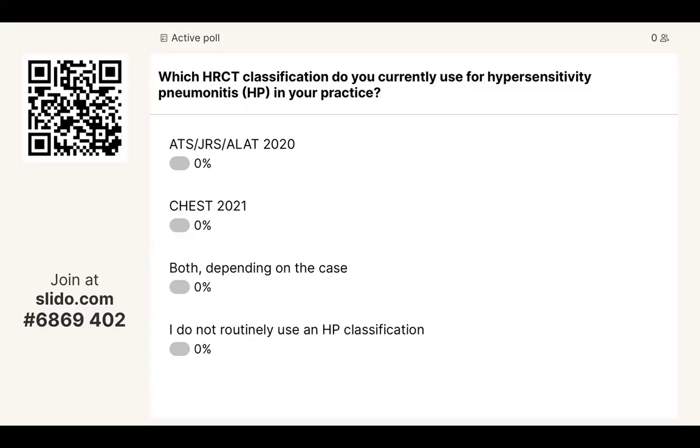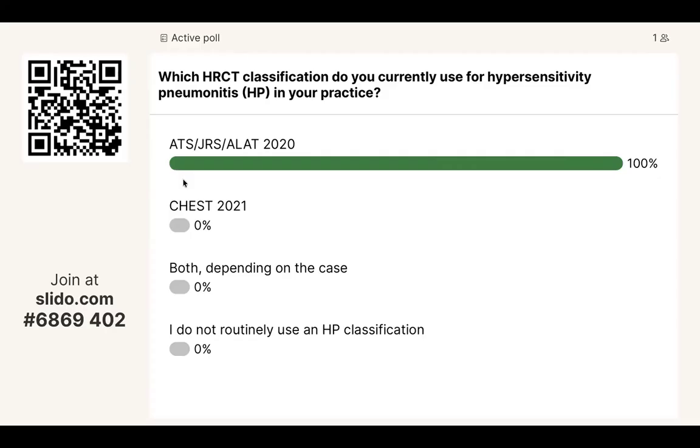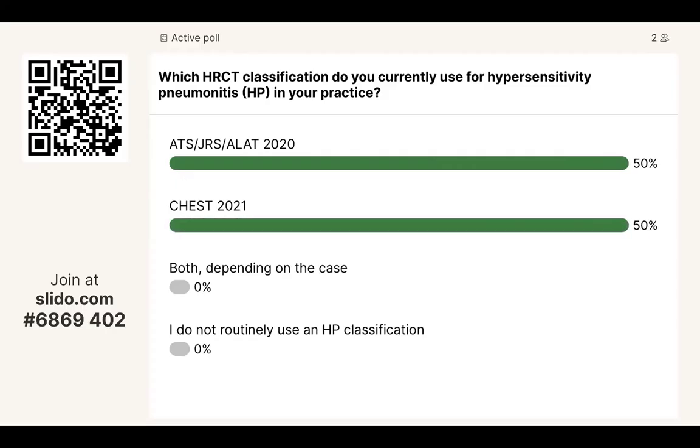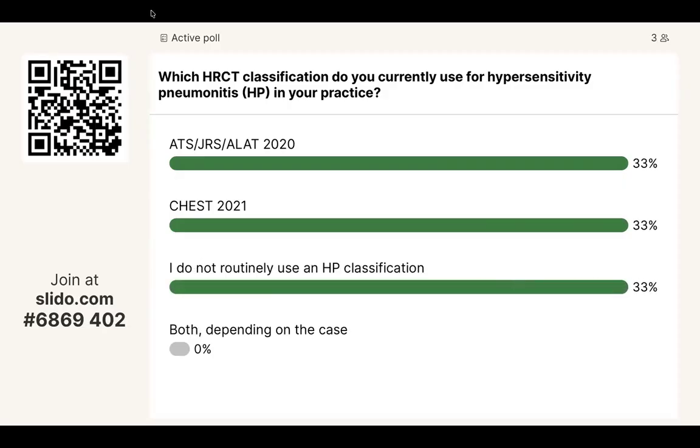If you are applying any of these classifications in your clinical practice or MD teams, multidisciplinary discussions, are you applying the American Thoracic Society or CHEST or both, or not routinely used as HP classification? I got two answers. I wish to get more, and I want the honest answers regarding this.